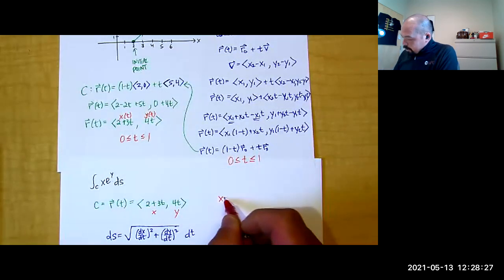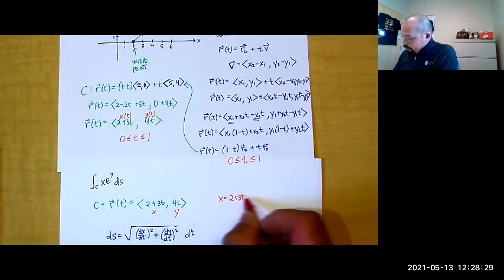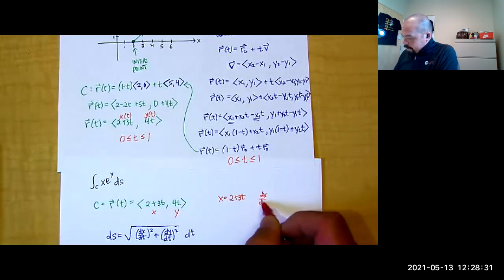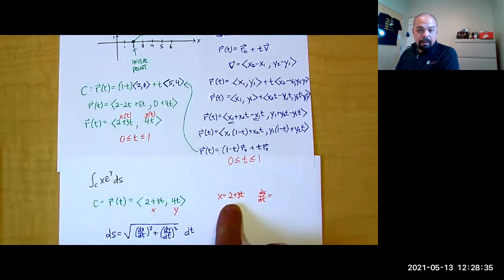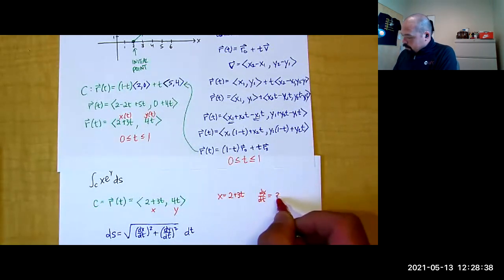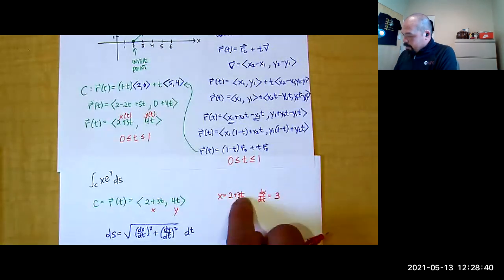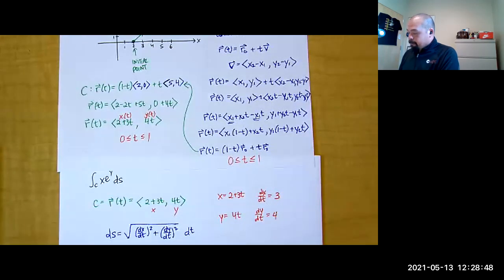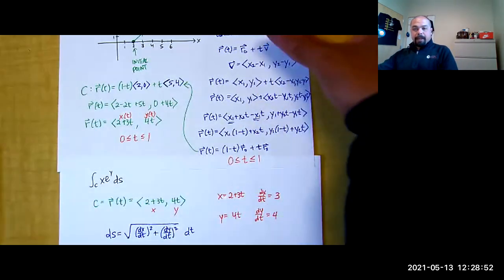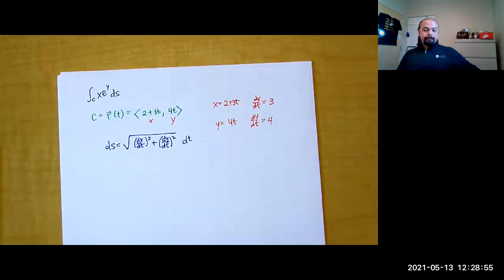So again, if x is going to be 2 plus 3t, dx dt, taking a derivative, right, just kind of like our u subs, 3, right, y 4t, dy dt 4. So in this case, just constants. Other problems we'll get, they'll be variables, variable expressions.